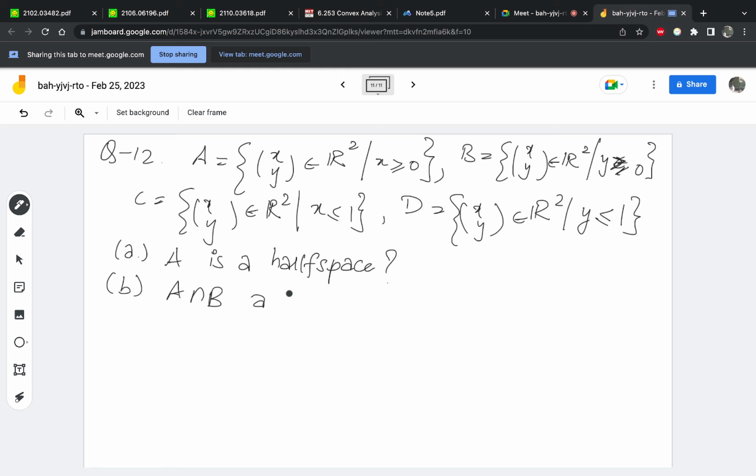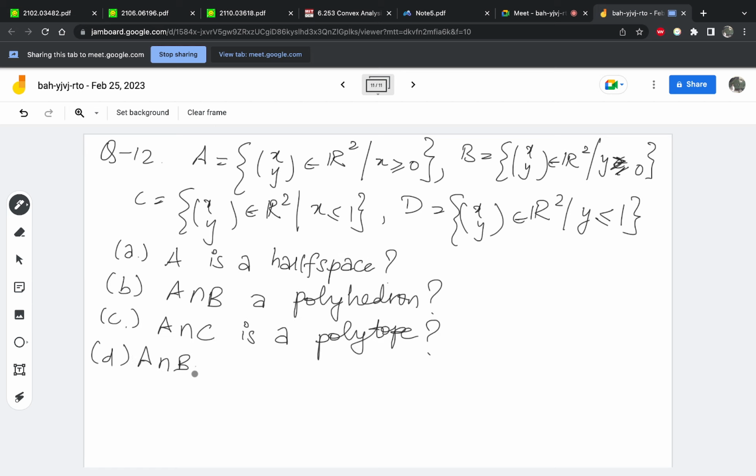Is A intersection C a polytope? And A intersection B intersection C intersection D is a polytope. So which of these are true?